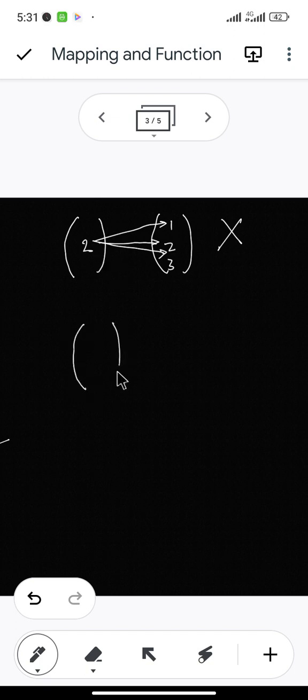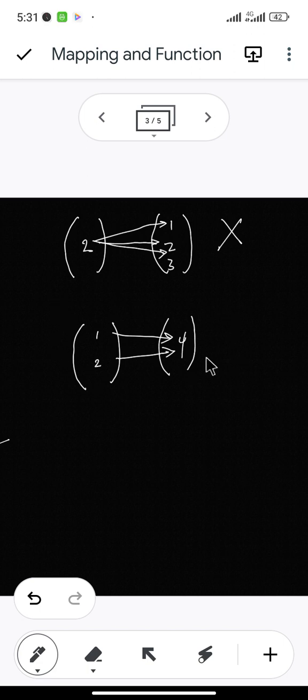Another example, we can have 1 and 2. You can have 4. This is true mapping because two elements in the domain can have the same image. You understand? The idea here is just that the elements in the domain must be attached singly to an image.